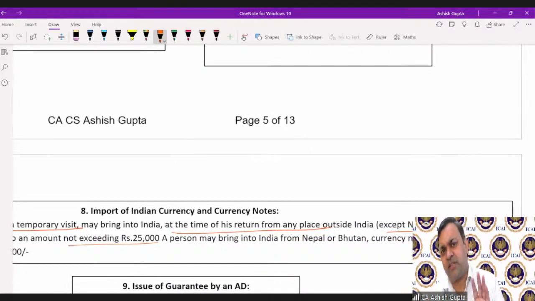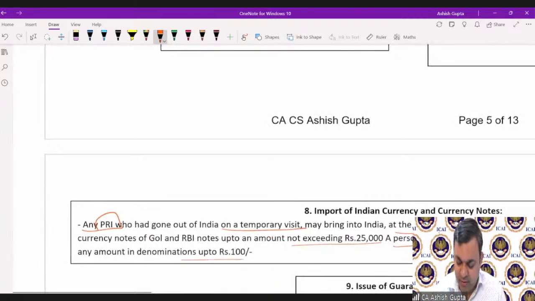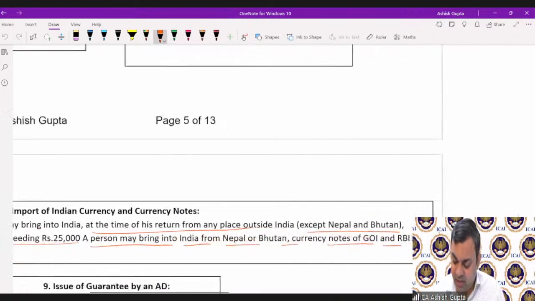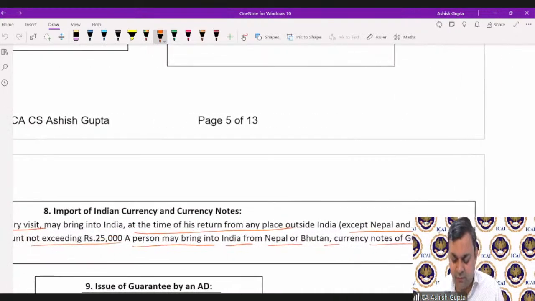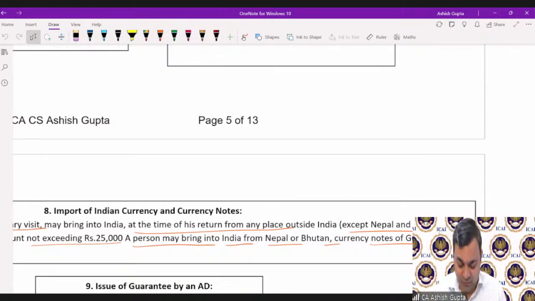So there is no restriction up to 25,000 rupees. A person may bring into India from Nepal and Bhutan currency notes of the Government of India in any amount in denominations up to 100 rupees. So there is no restriction on a person bringing any amount from Nepal and Bhutan in denominations of 100 rupees.